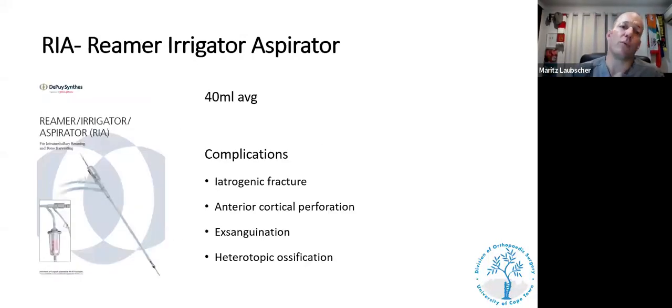Now, with the withdrawal of DePuy Synthes from the South African market, this is also one of the products that we lost, which is very useful when you need a larger volume cancellous graft than you can get harvesting from the iliac crest. This reamer irrigator aspirator system is very useful. Firstly, you can harvest large volume, like 50, 60 cc's of bone graft by reaming the femur and sucking out the bone graft.